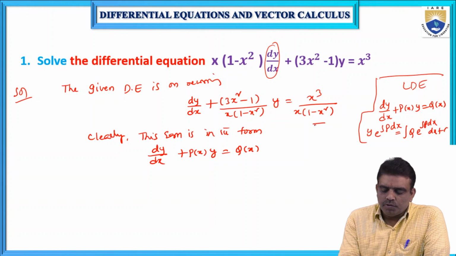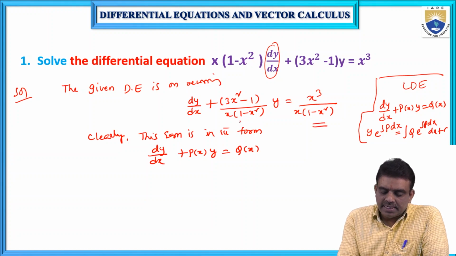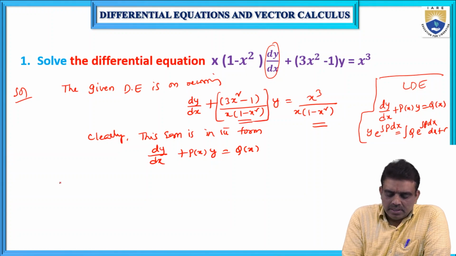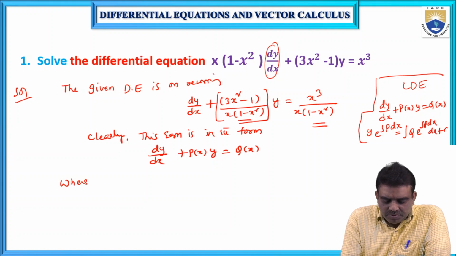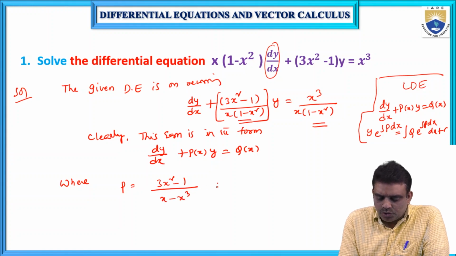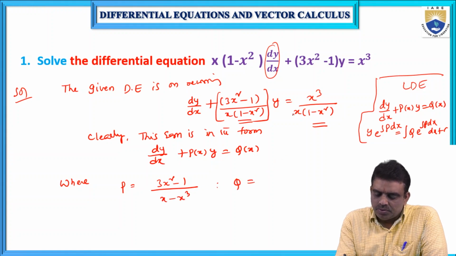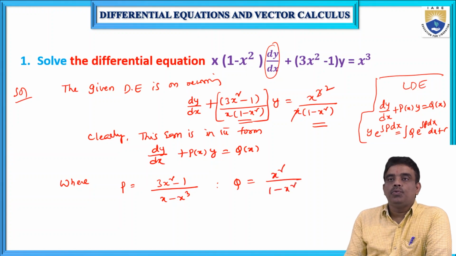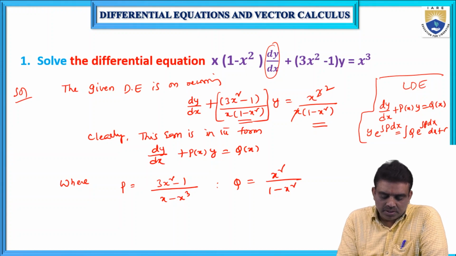The right side is a pure function of x, and the left side is dy/dx plus p(x) into y, equal to q(x). So here, what is p? p is equal to (3x^2 - 1)/(x - x^3), and q is equal to x^2/(1 - x^2). This is q, the right hand side function.